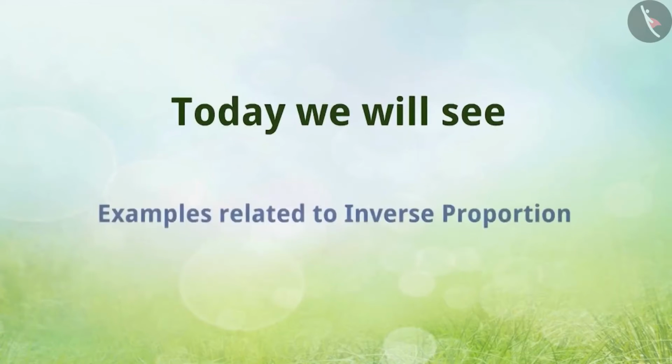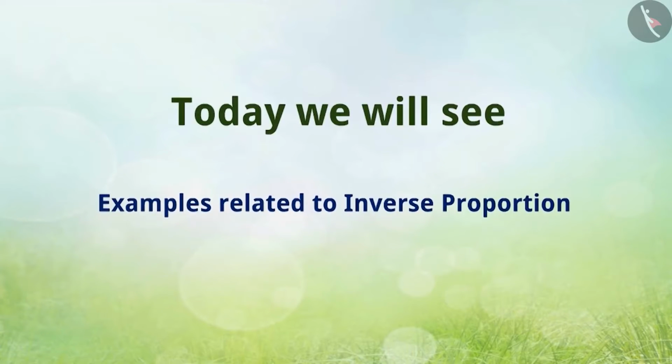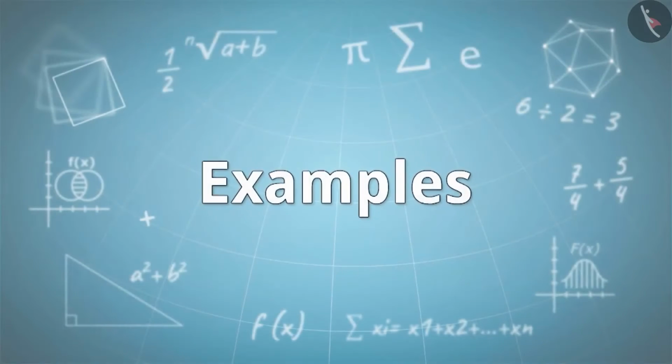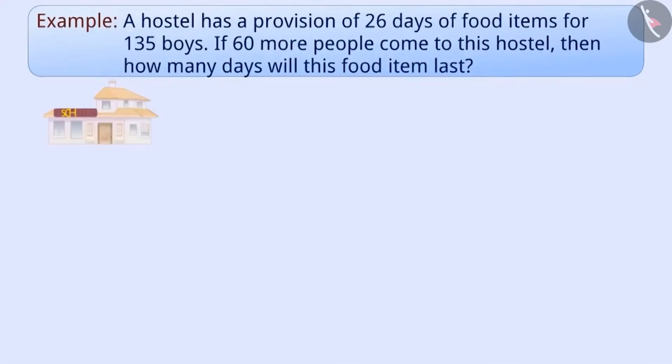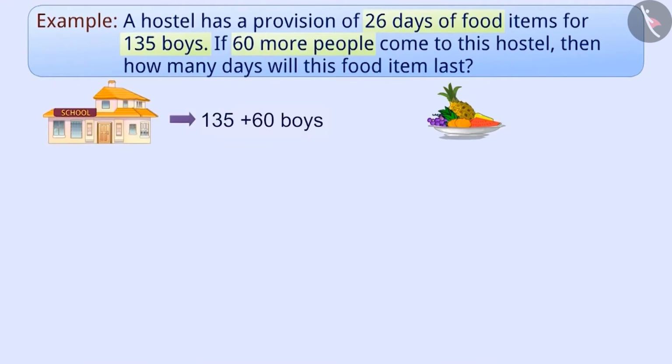Today we will see examples of inverse proportion. A hostel has a provision of 26 days of food items for 135 boys. If 60 more people come to this hostel, then how many days will this food item last?